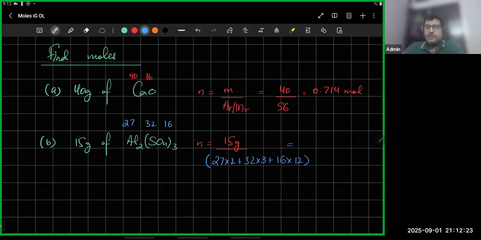Okay, what are the moles that we're getting? And what's the MR? Now you have to be very careful with the MR in this case.